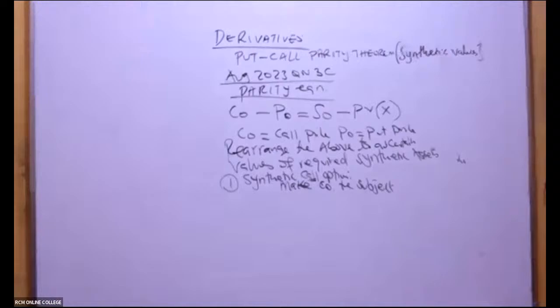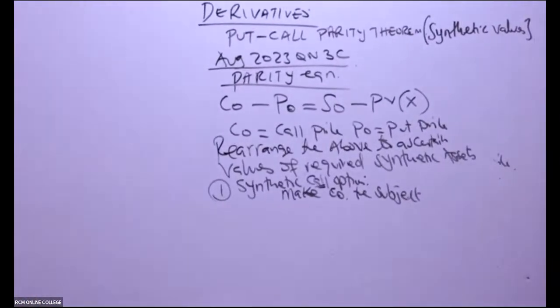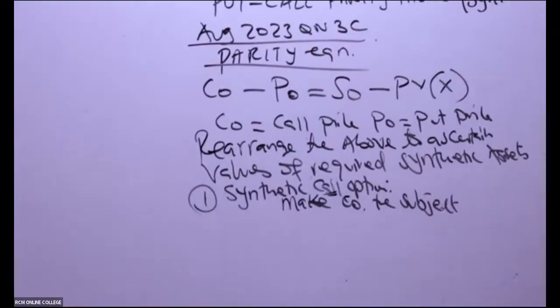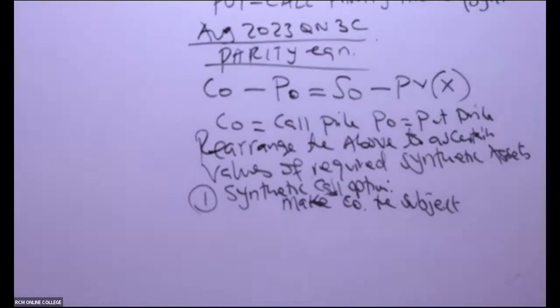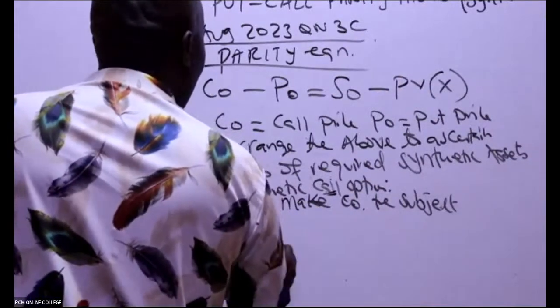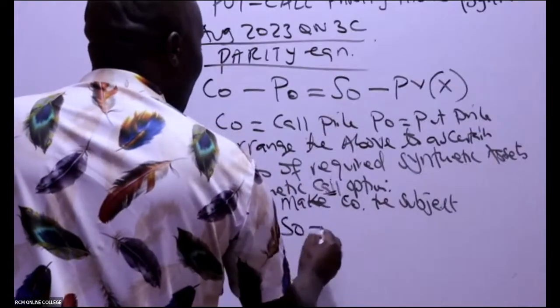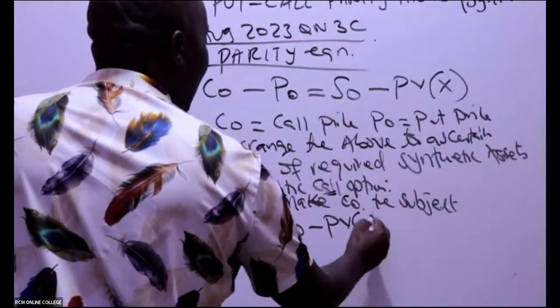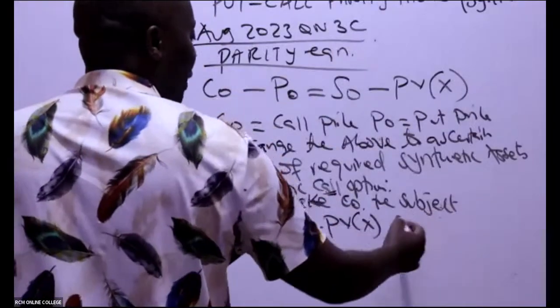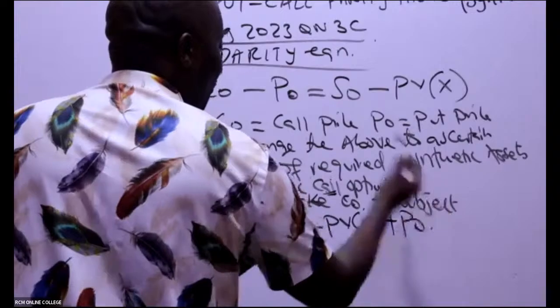Do we know how to make these things subjects of the formula? It's very, very easy. So in this case, CO will be equal to SO minus PV of X, plus PO, because this is going to the other side.